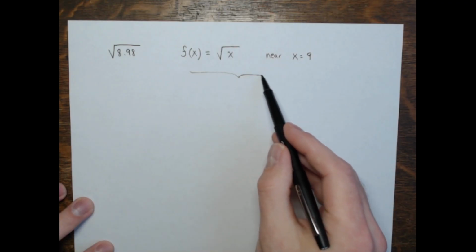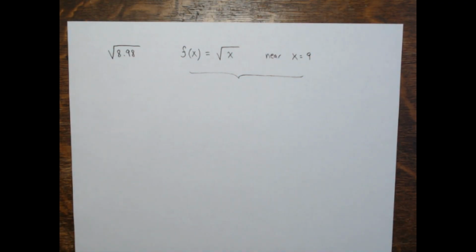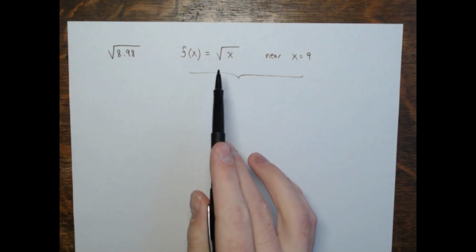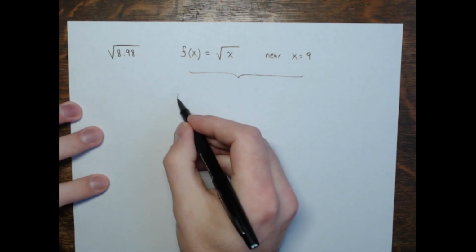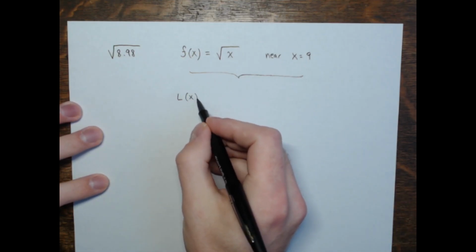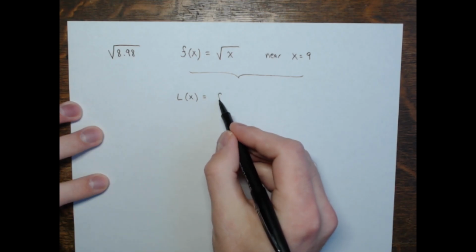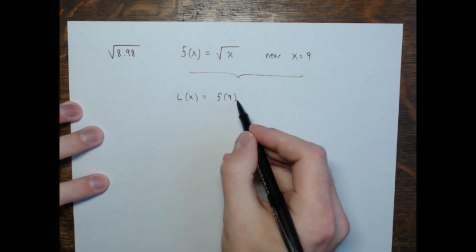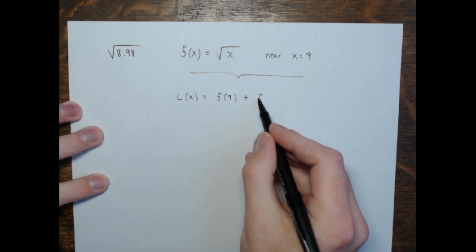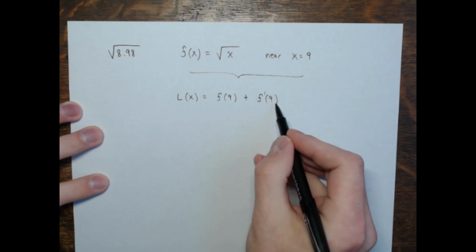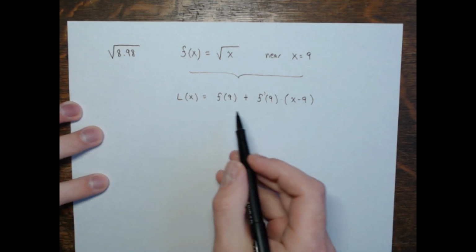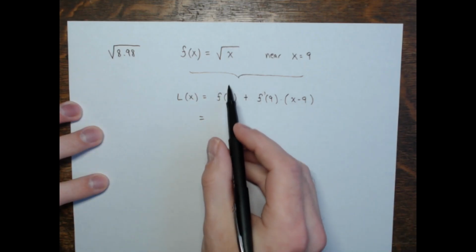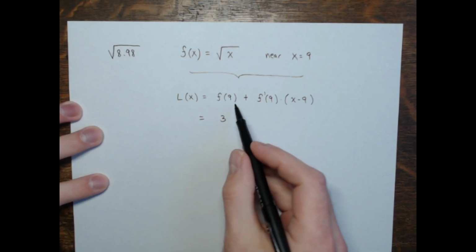So then we'll find our tangent line to this curve, the square root of x function, at x equals 9. So again, L of x is the value of the function at 9, plus the value of the derivative at 9, times the quantity x minus 9. Now the square root of 9 is just 3.